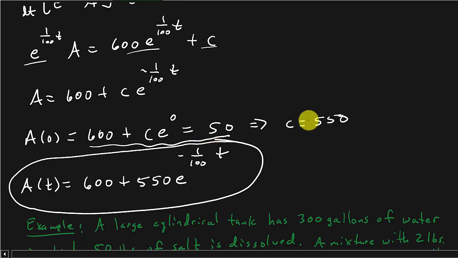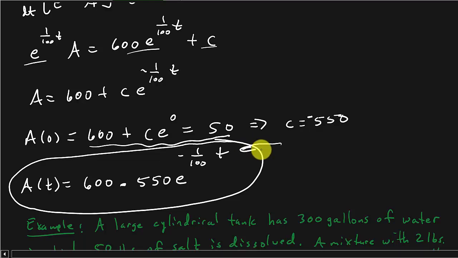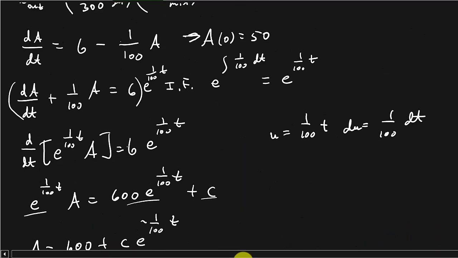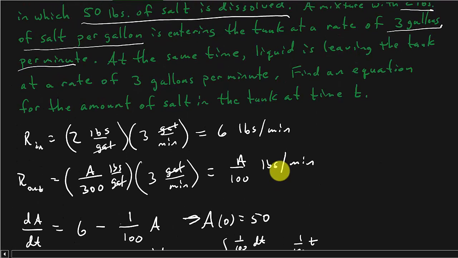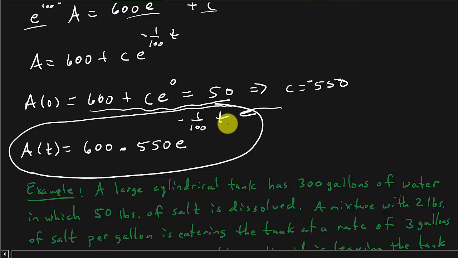Boy, I'm missing all kinds of signs in this video. All right, so there you have it. And then you can determine how much at any time. This is in minutes, so if you want to know after 10 minutes, plug in t.